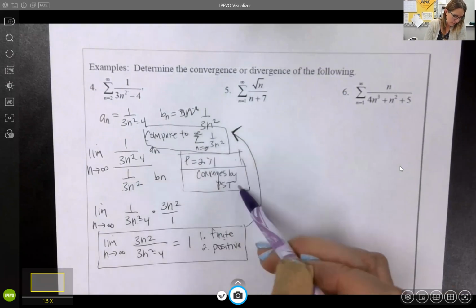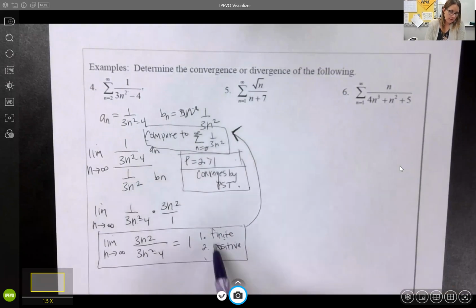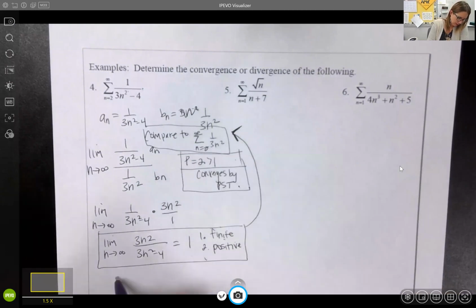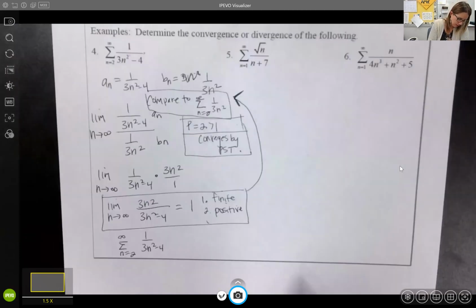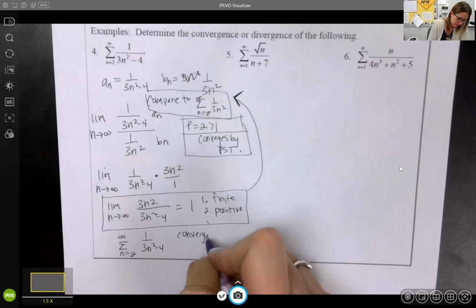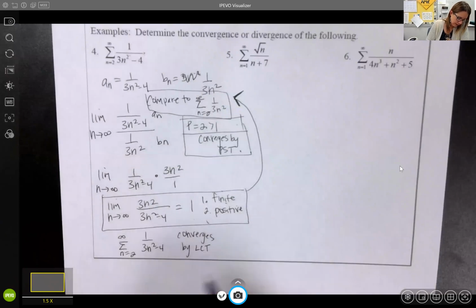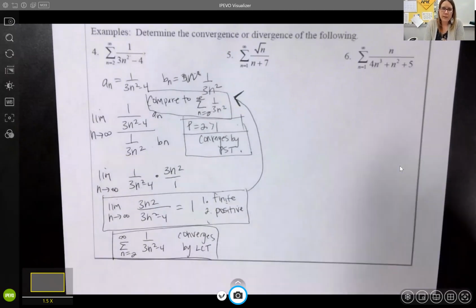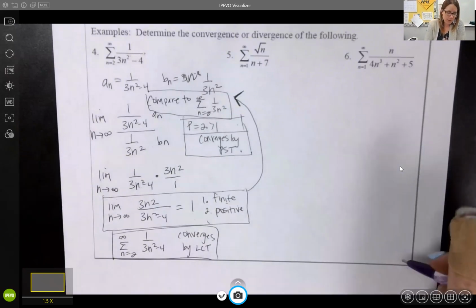And so if this is true, then the sum of this function, or this series, also converges. And that was by the limit comparison test. Okay. All right, let's do number 5.